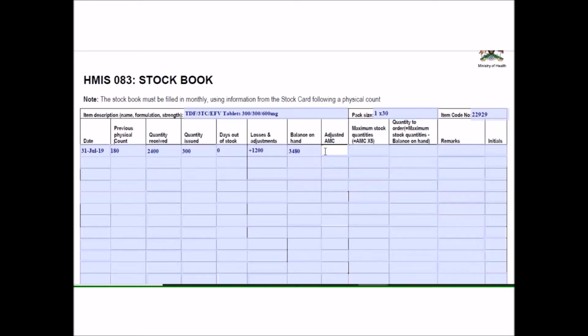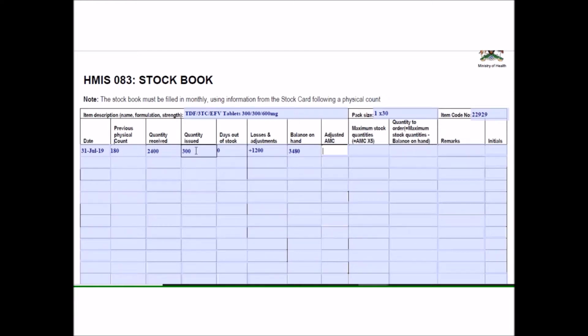Now we do the computation. What was the average consumption? Usually, this average monthly consumption is a computation of your consumption for the previous 3 months divided by the number of days that you had stock in those 3 months. But because we don't have any previous or history data, we have only this.